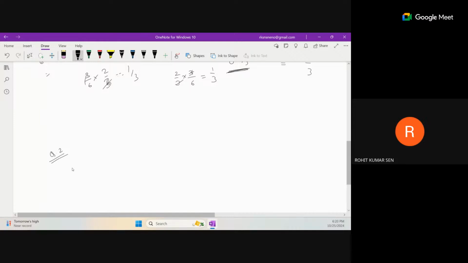Now they are saying the die is thrown twice. We are throwing the die twice. Let a random variable x denote the number obtained on the first throw, and let a random variable y denote the number obtained on the second throw, and define a random variable z equal to xy.